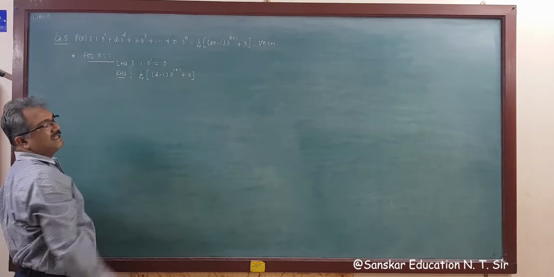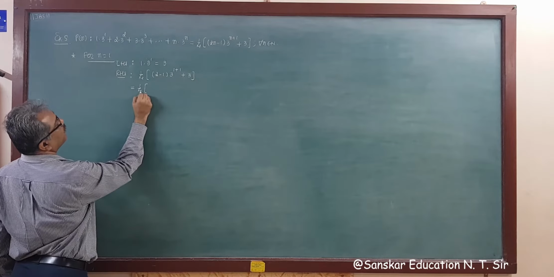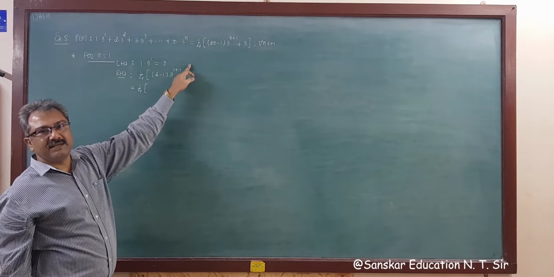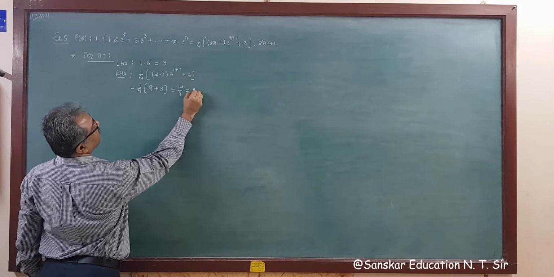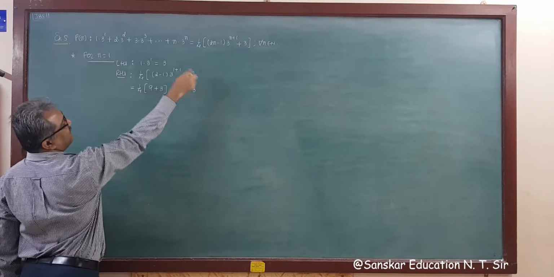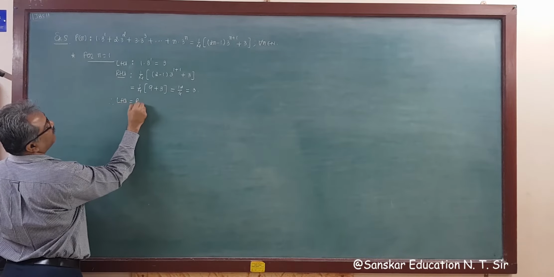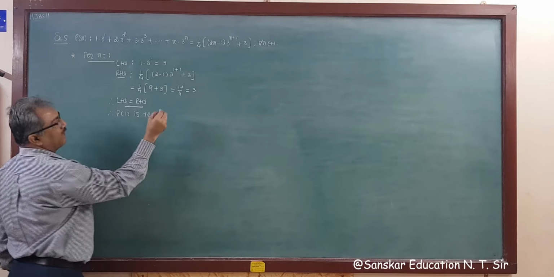So 2 minus 1 is 1. 3 raised to 1 plus 1 is 3 square, that is 9, plus 3. So this is 12 by 4, that is 3. So left hand side and right hand side are equal. Therefore P1 is true.